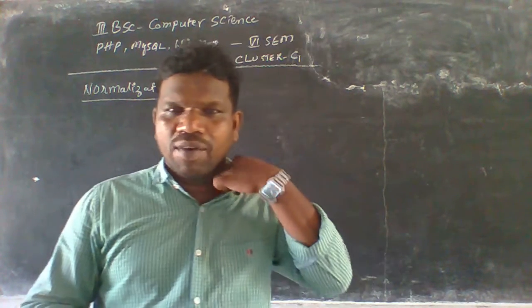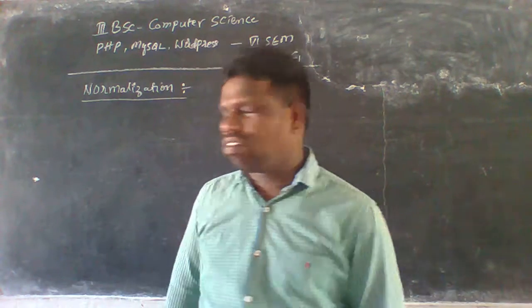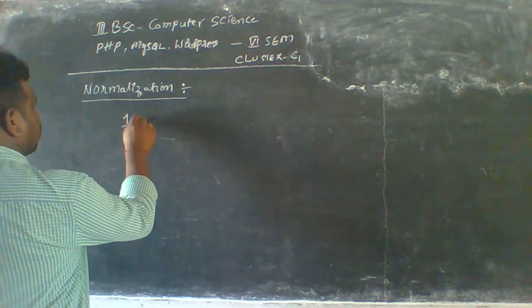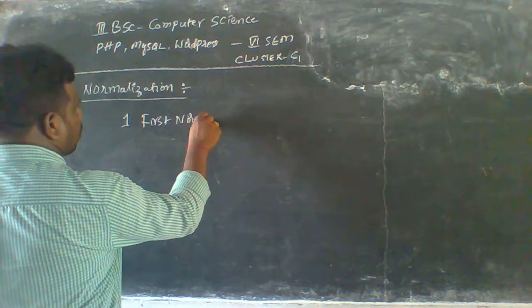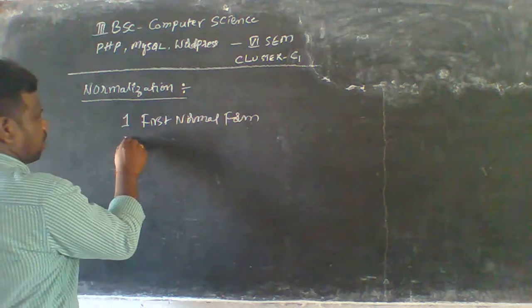The normal forms can be divided into six types. The first one is the first normal form, and the second is the second normal form.